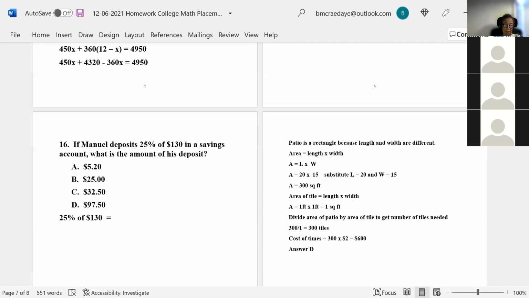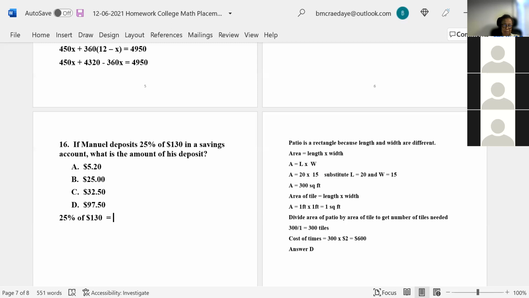But the easiest way would be to make the percent a fraction. So Alva, 25% is what fraction? Think of a dollar. 25 is what part of a dollar? 25 is 25% of a dollar.